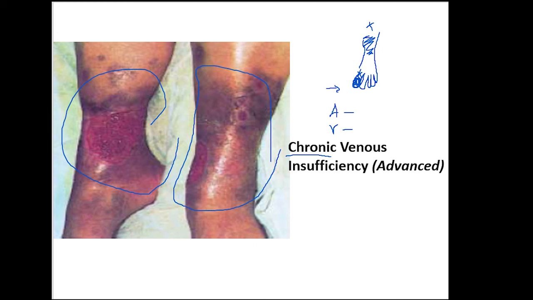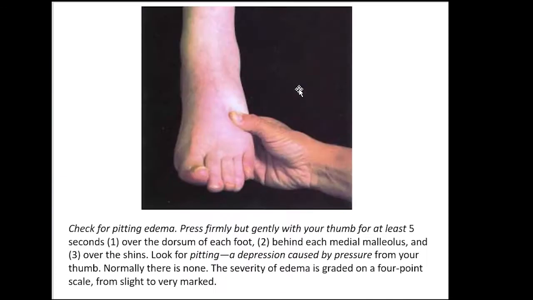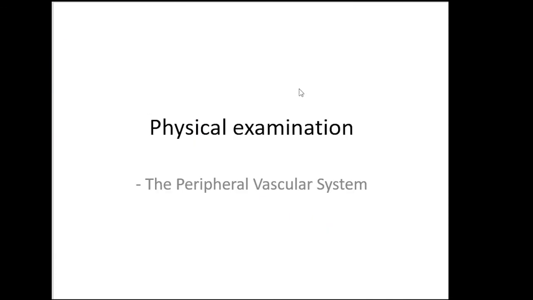So that's basically for this chapter, where we're talking about blood circulation disorders, mainly of the peripheral vascular system, meaning the blood vessels that go to the terminal areas, like the arm and the leg.